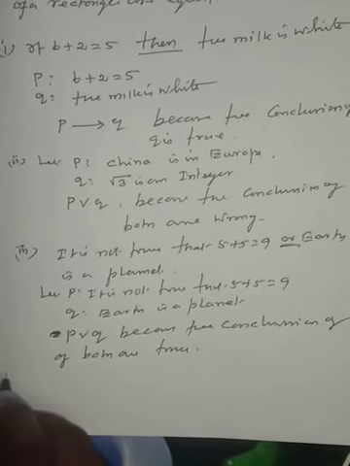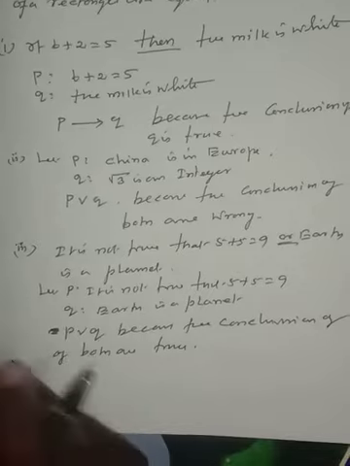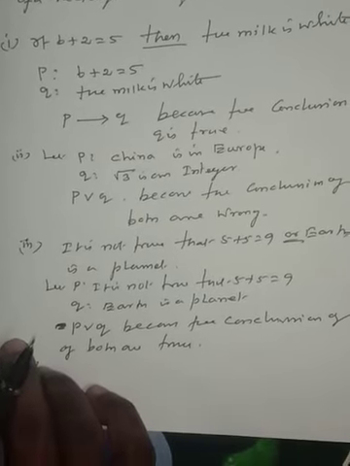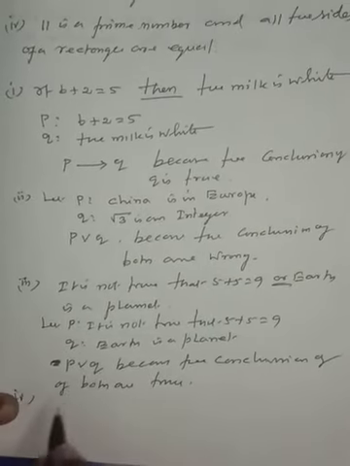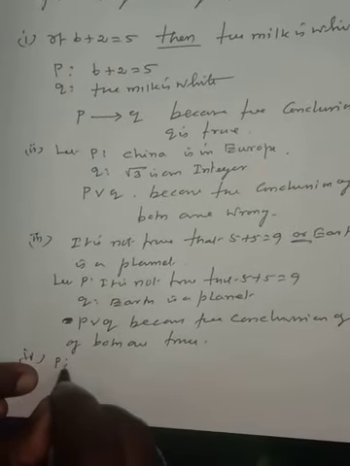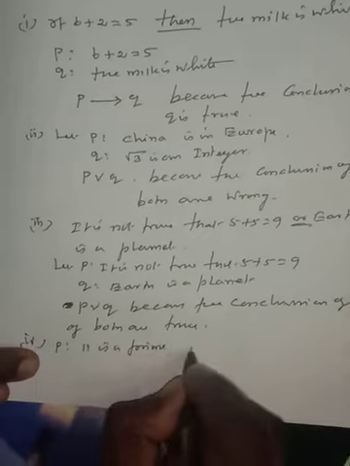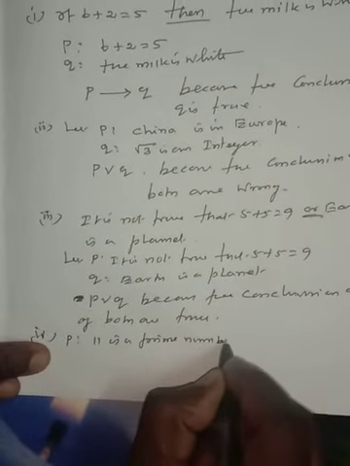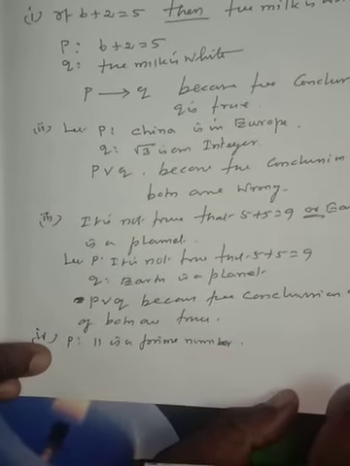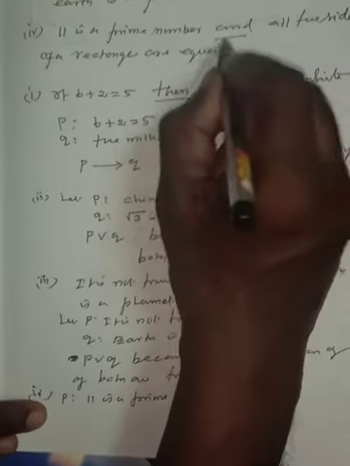Next, number 4. 11 is a prime number. P is 11 is a prime number. The symbol is and.